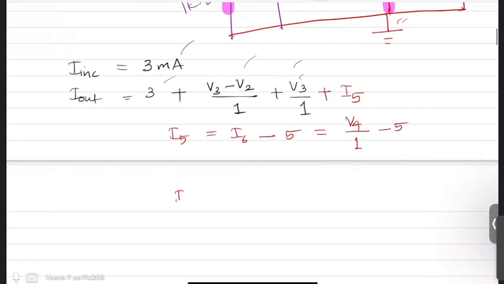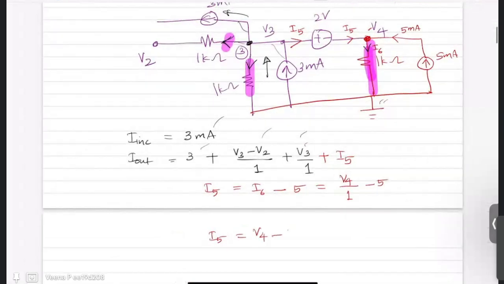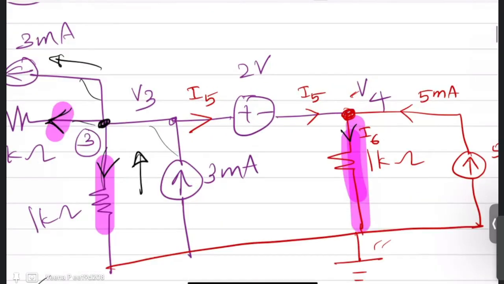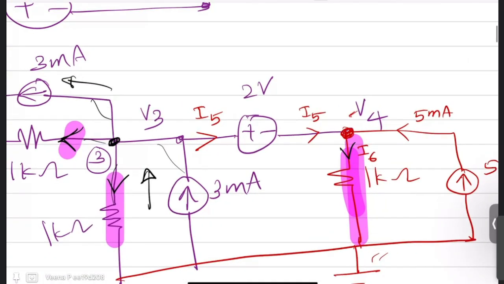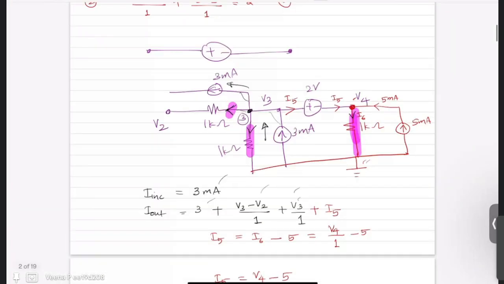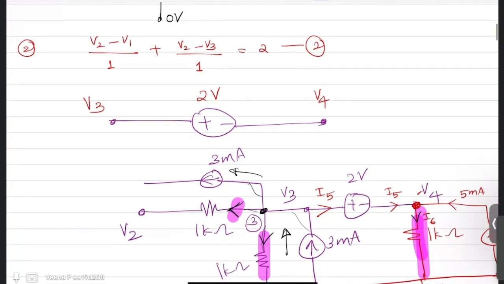So your I5 is nothing but V4 minus 5. Now what is this V4? You know this 2 volt source is connected between V3 and V4. That means the difference is 2, which means V3 minus V4 is equal to 2.